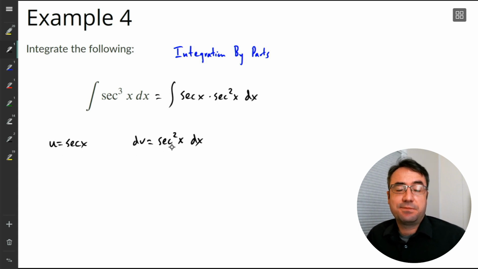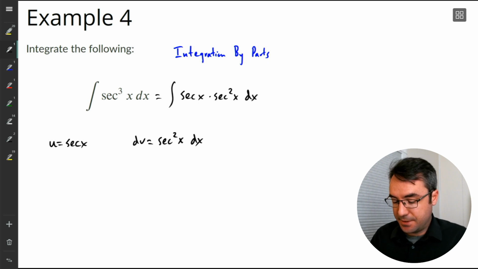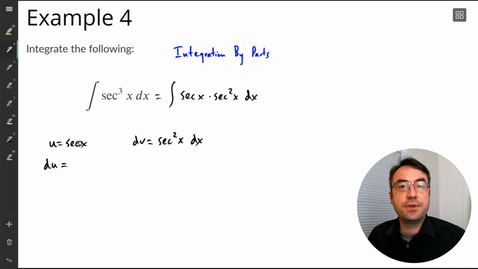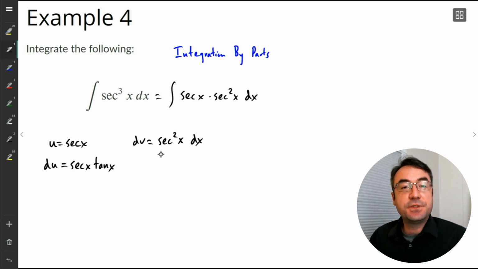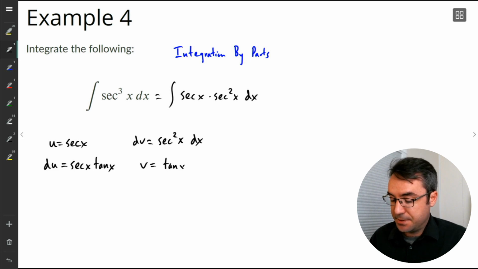So that's our choice. Let's see if it works. So we're going to calculate du. So the derivative of secant is secant times tan. The integral of secant squared, and this is kind of why we picked it, the integral of secant squared is just tangent. So that was not too bad.